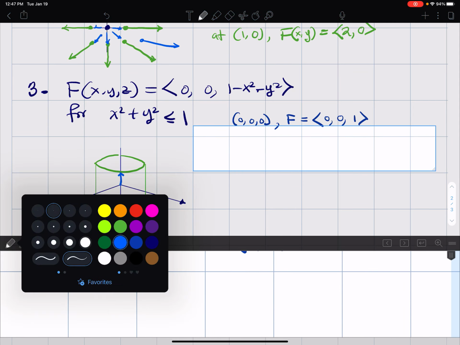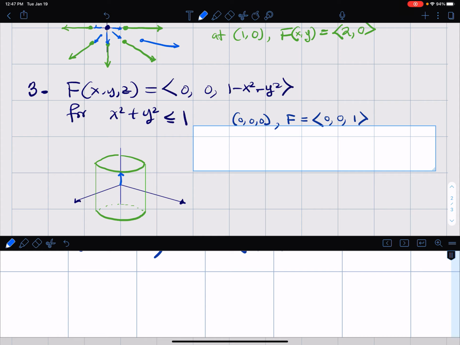Now, let's pick another point. Let's pick 1, 1, 0, for instance.